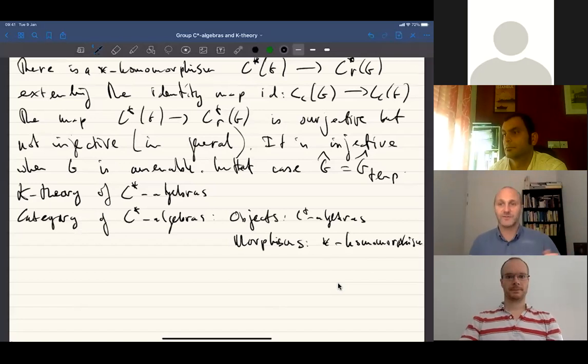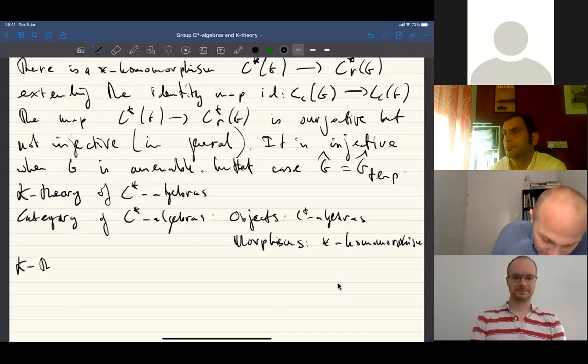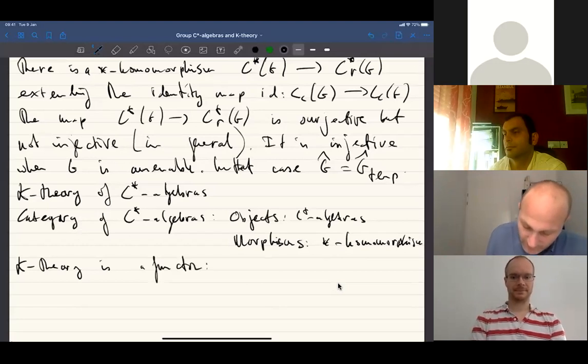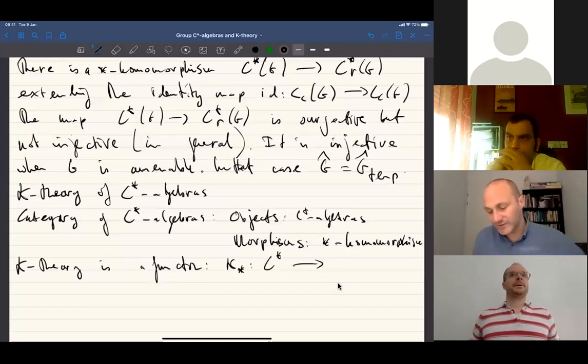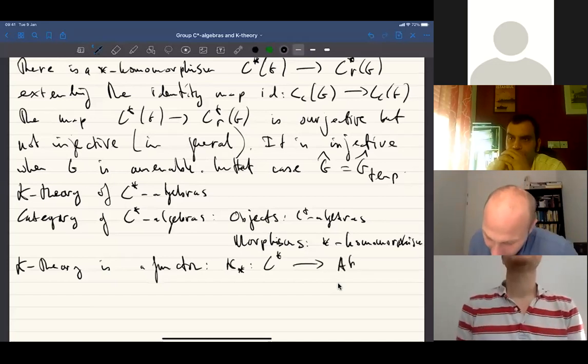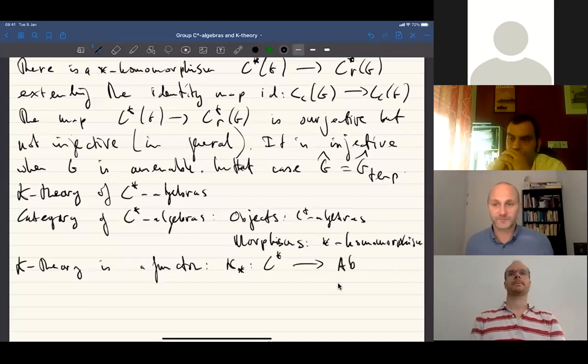This is really the natural categorical structure that you can think of on C-star algebras. And K-theory is a functor, so I'm going to write K star here, from this category of C-star algebras to the category of abelian groups.